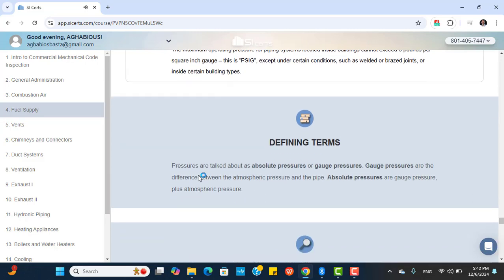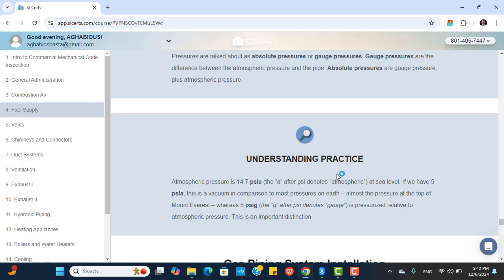Define the terms. Pressures are talked about as absolute pressure or gauge pressure. Gauge pressure is the difference between the atmospheric pressure and the pipe pressure. Absolute pressure is gauge pressure plus atmospheric pressure. Understanding in practice, the atmospheric pressure is 14.7 psia. The A after psi denotes atmospheric at sea level.